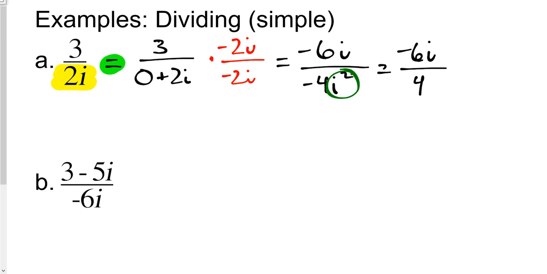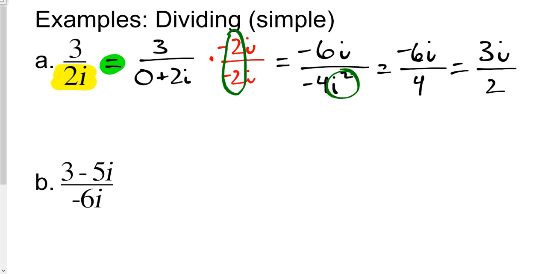But could we write that in a simpler form? Does it have a greatest common factor in the numerator and the denominator? Sure. We could go through and factor a 2 out of the numerator and denominator, and it would just be 3i over 2. Well, if you go and look and say, what could I factor out? We said it was a 2, right?